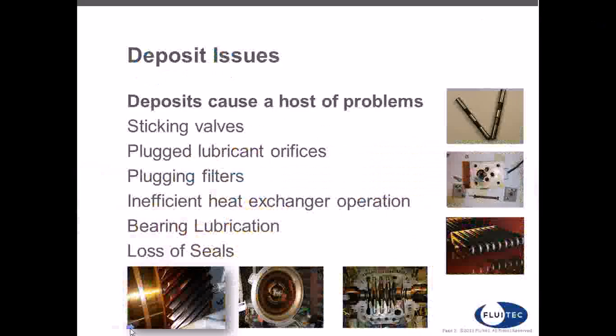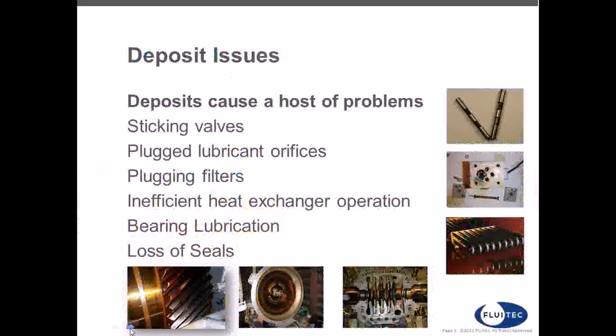Deposits and varnish in particular is a great insulator. So we find that it can coat heat exchangers and really lower the efficiency of heat exchangers. Because of the insulating characteristics of varnish, it can also cause elevated bearing temperatures, for example. In addition to elevated temperatures in bearings, sometimes we see that the lubrication regimes can be altered by varnish.